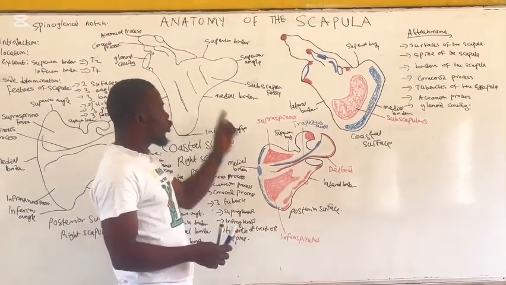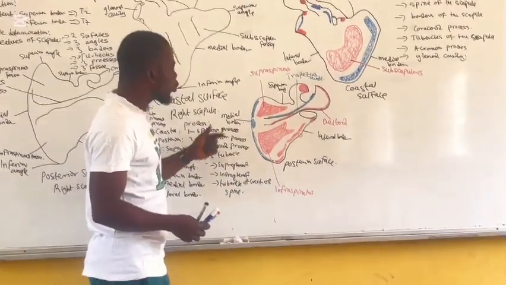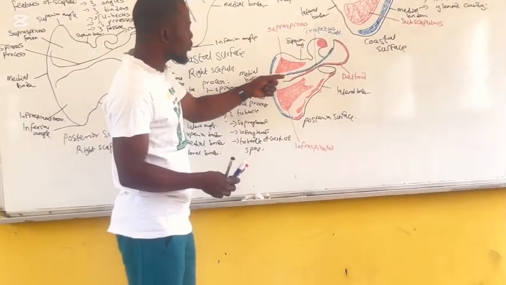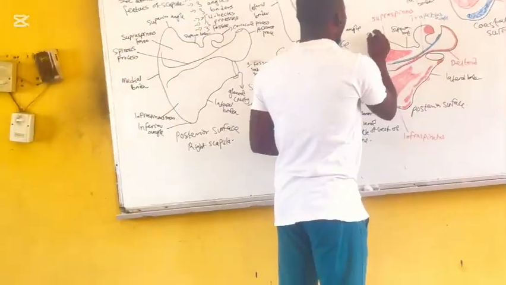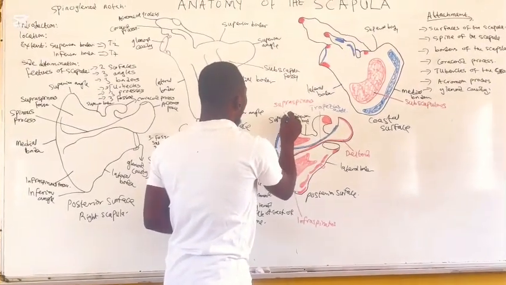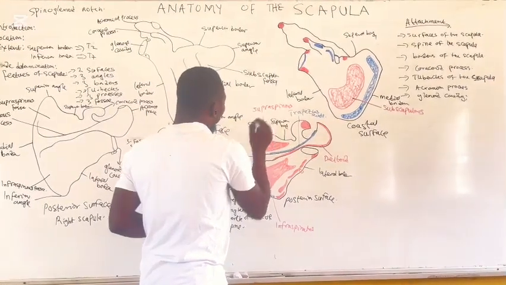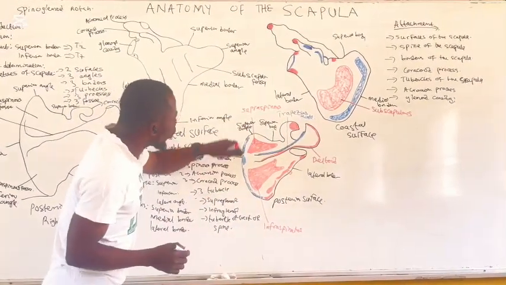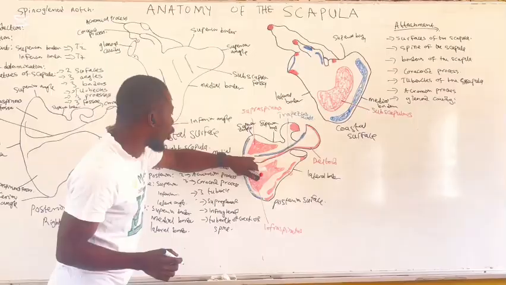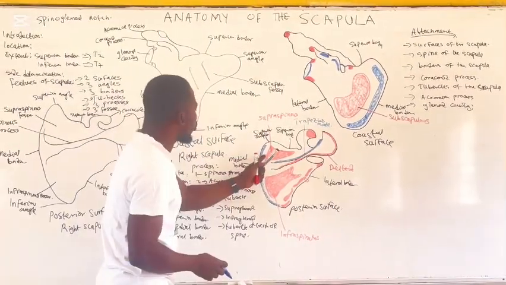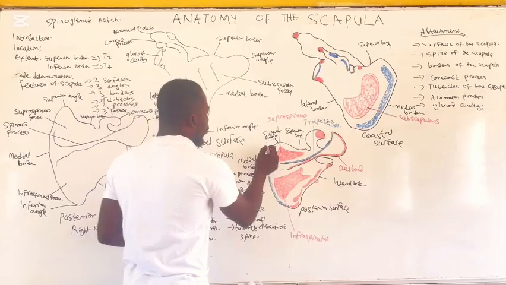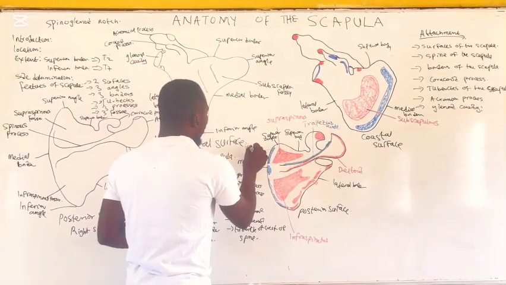Now, to the medial border of the posterior surface. From the superior angle, this is the superior angle here, up to the root of the spinous process, it gives insertion to a muscle called levator scapulae.